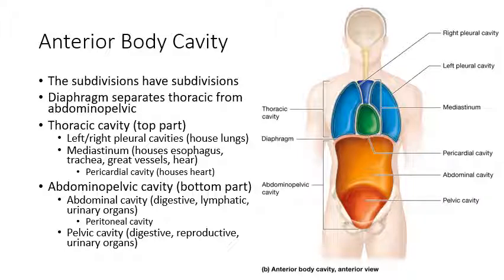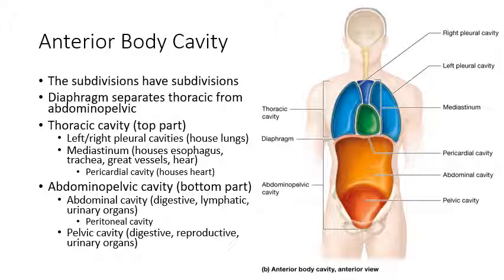The thoracic cavity is further subdivided into three more cavities. You have the left pleural cavity and the right pleural cavity that each contain one of the lungs, and then in the middle between them, or medial to them, you have the mediastinum.